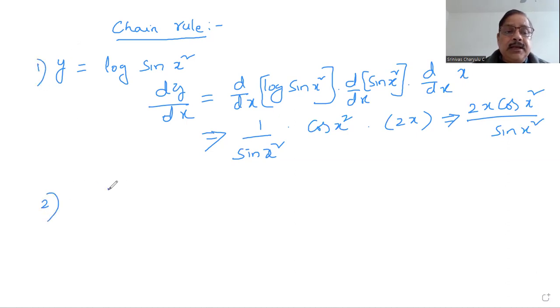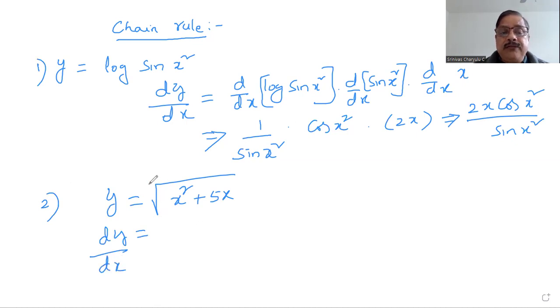For example, let us say I am having y is equal to root of x square plus 5x. So first, for the root I should do dy by dx. For root of x, we know very well it is 1 by 2 root x. So that formula we have to call now. D by dx of inside the root, what function are we having?